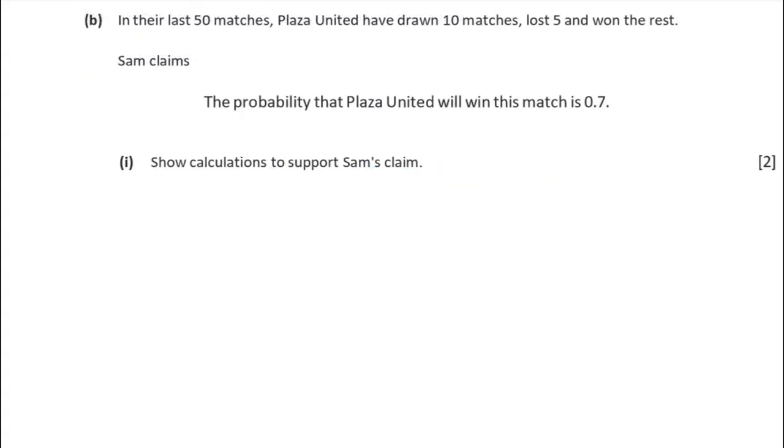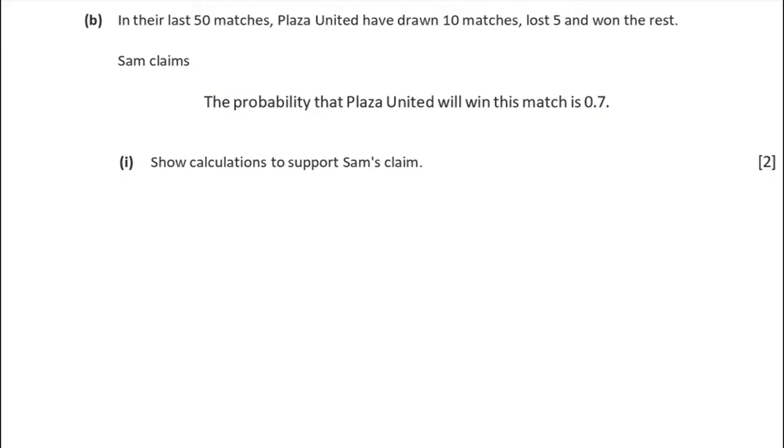Part B says, in their last 50 matches, Plaza United have drawn 10 matches, lost 5 matches, and won the rest. Sam claims the probability that Plaza United will win this match is 0.7. Show calculations to support Sam's claim. Okay, so if there are 50 matches altogether, you can either win, draw, or lose, can't you?